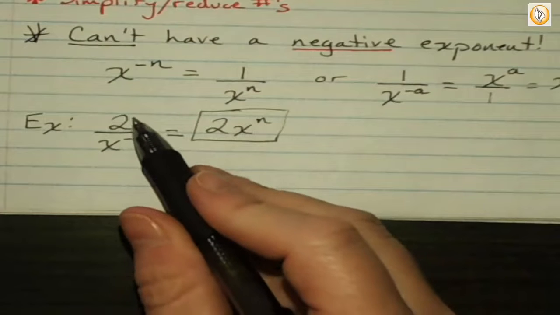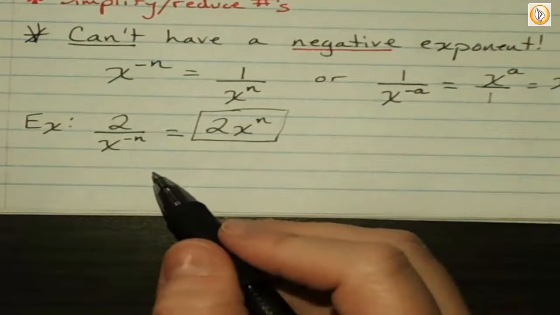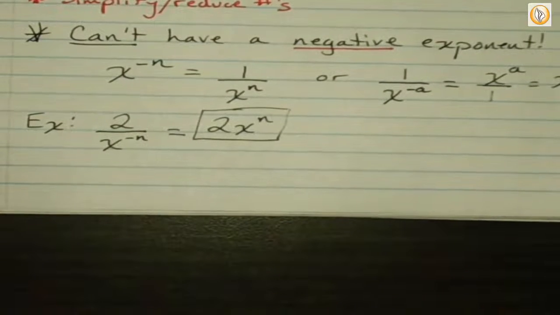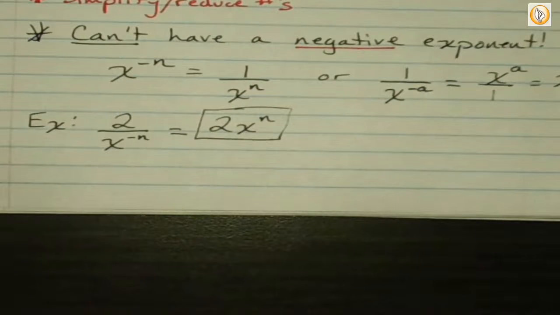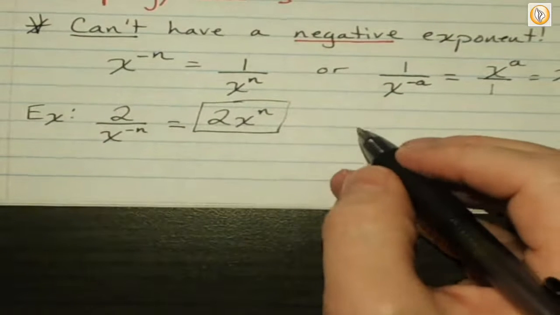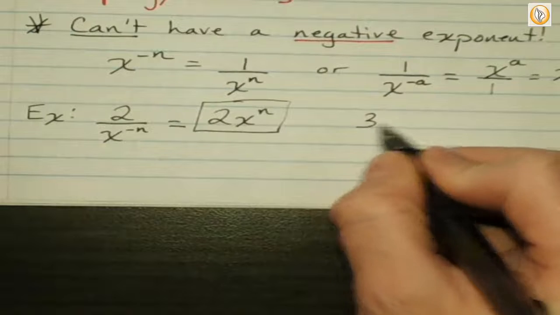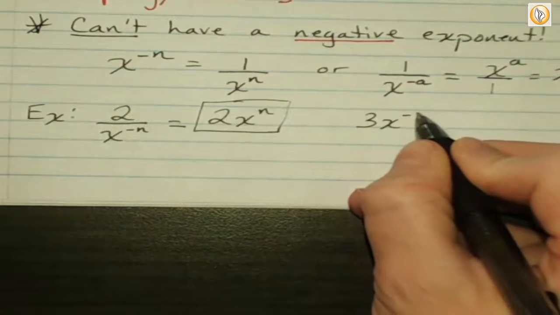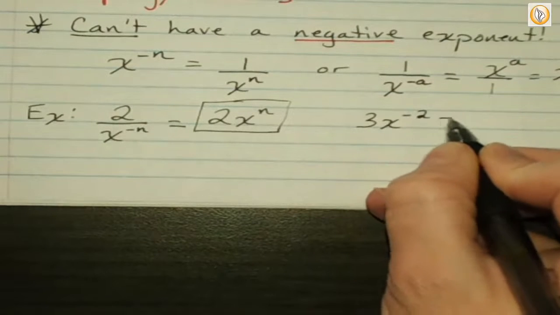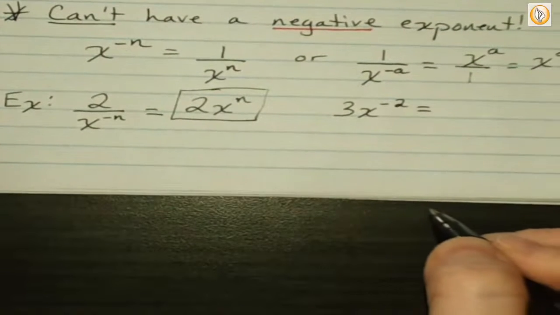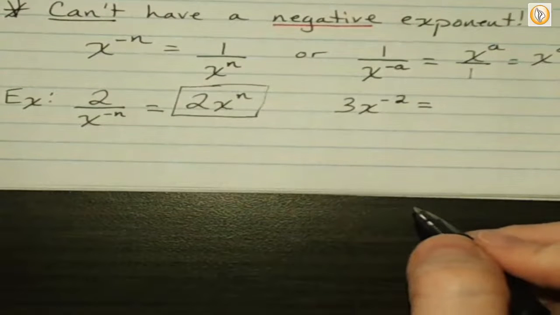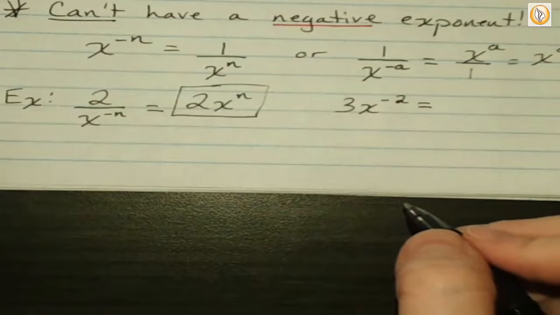Notice that. The only reason I'm showing these examples is because these are common mistakes of my children. What if I have 3x to the negative 2? Cecilia, how do I fix this problem?